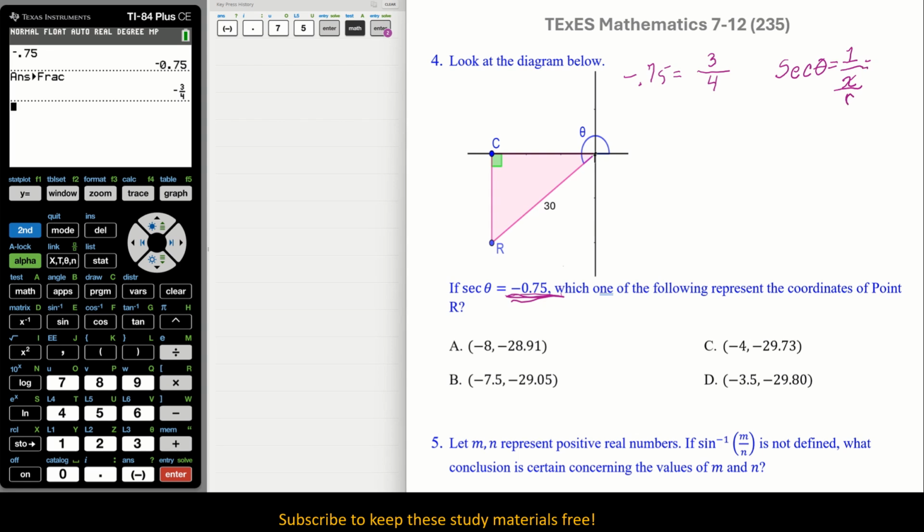Well, that gives us r over x. So what do we know? We know that 3 is the radius and 4 is our x value, so 4 has to be the negative. So minus 4, and then this 3 would be the r.